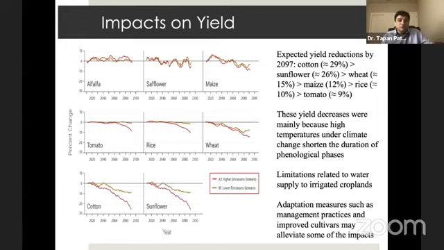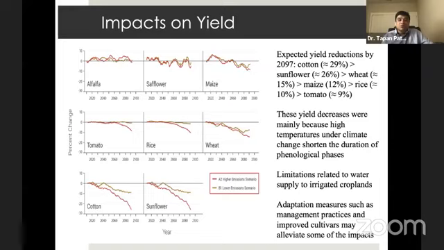There are very few models. These are some examples of crops where a model was run to assess impacts of climate change with different emission scenarios.